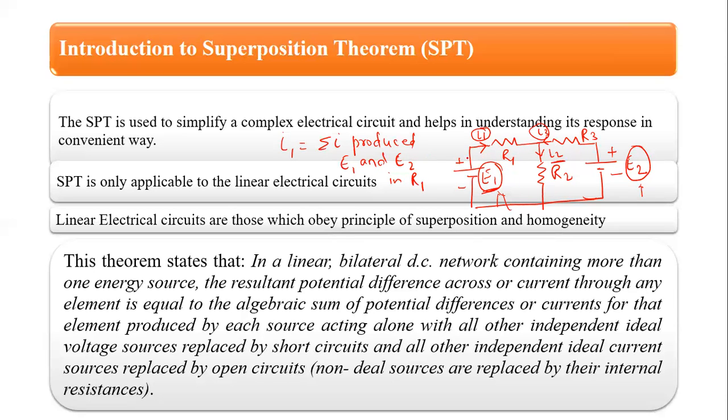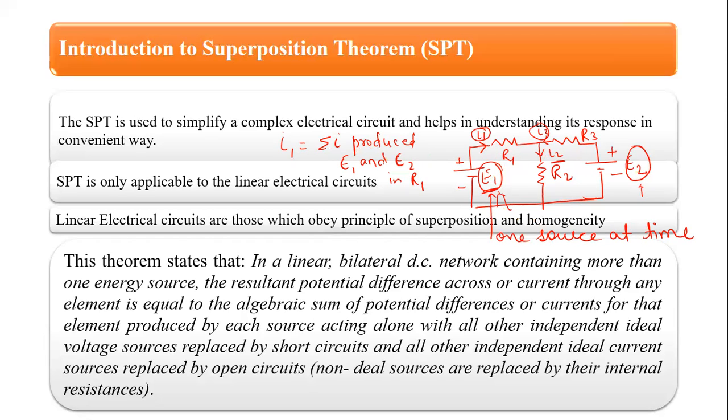Now, when we say that I1 is the algebraic sum of the currents produced by E1 and E2, that means we need to find it by taking one source at a time. So we will not take both the sources, we will take only one source at a time. We will keep the other source deactivated.